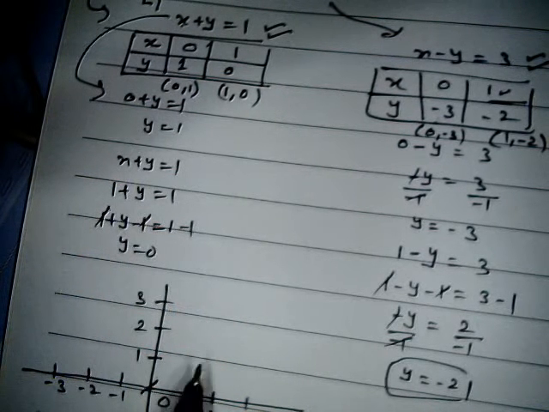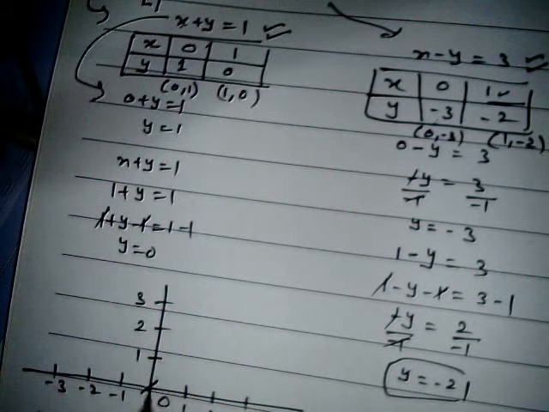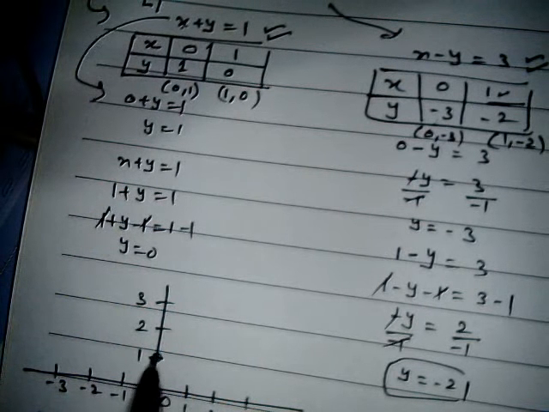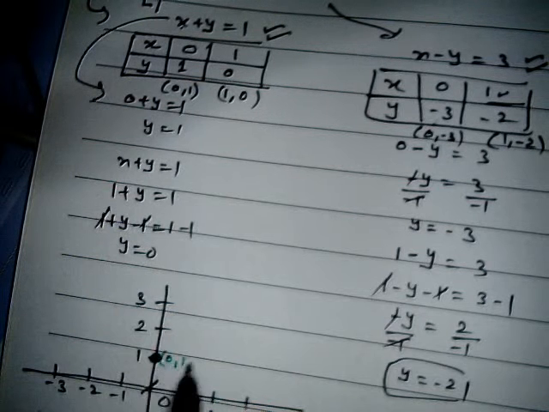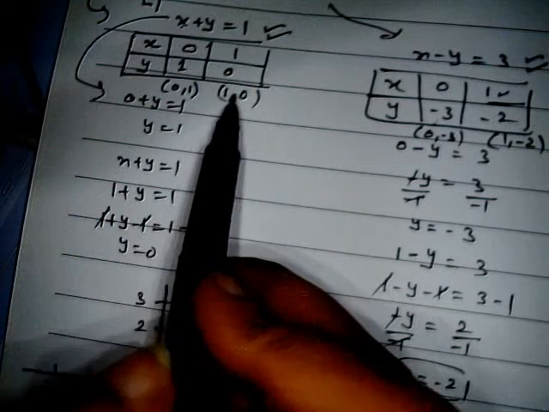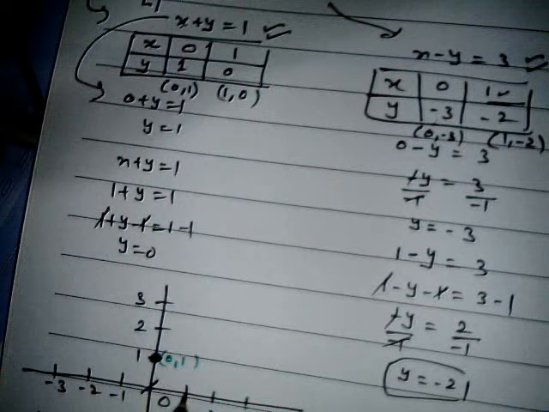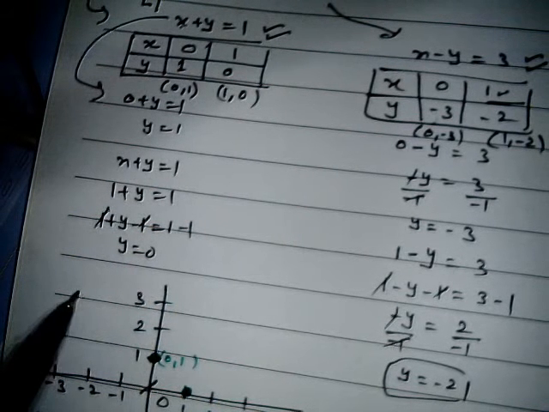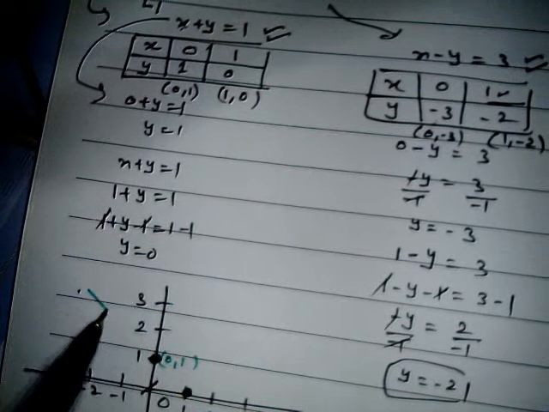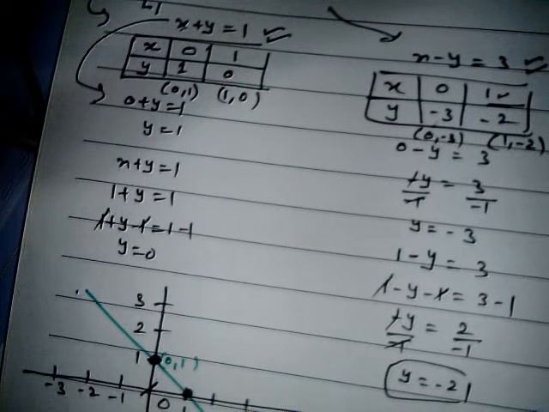This is the point 0, 1. Now the second point, 1, 0. So this is 1 and 0. By joining these two points you draw a line. This is the line plotted for which equation? x plus y equals 1.